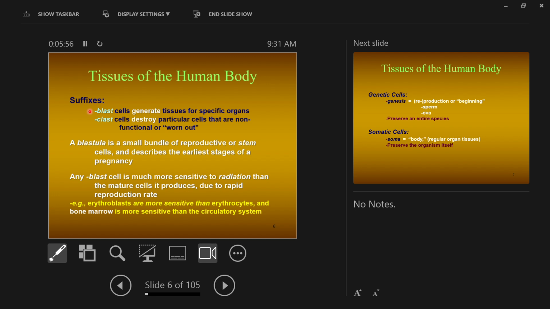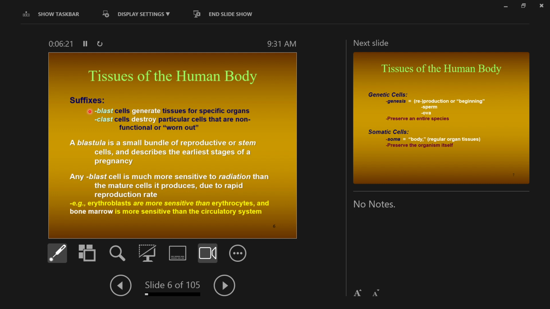Blast as a suffix means a cell that generates tissue for specific organs, and in certain circumstances, a blast cell is a cell that's immature. This is going to become important, this idea of immature cells, okay? And just so we can have it on the table, the other word for immature is undifferentiated.